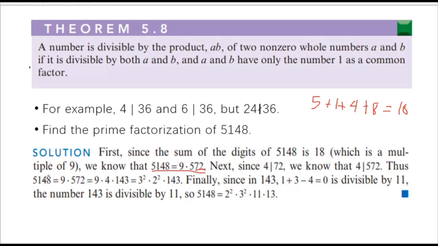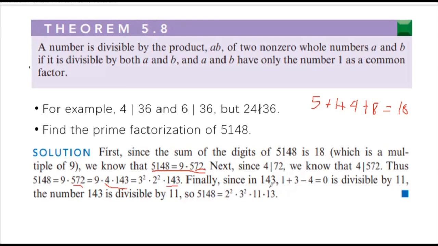Thus, 5,148 is the product of 9 times 572, which is also equal to 9 times 4 times 143. Kasi yung 572 ay product yun ng 4 times 143. Next, check natin yung 143.